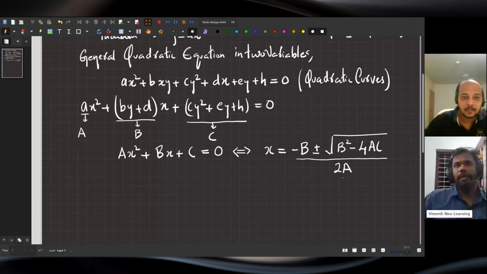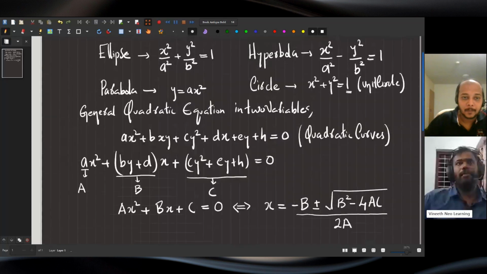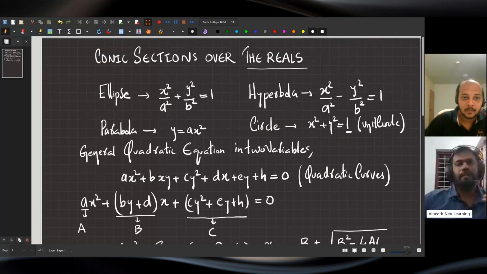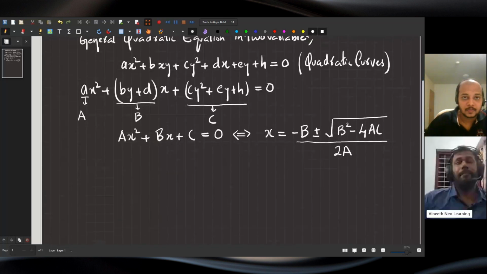We have already fixed that we are working over the real numbers, meaning x and y are always real. So if we want x to be real, what is the condition here?